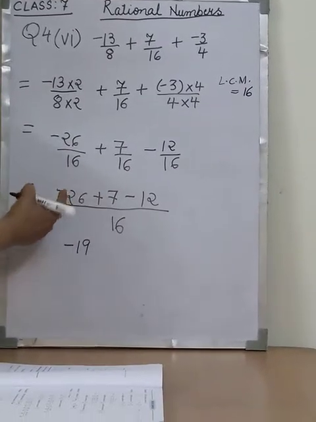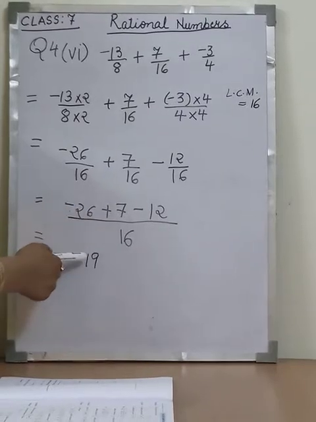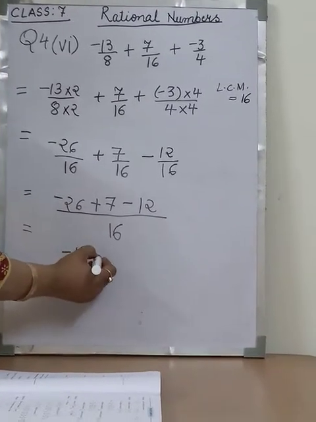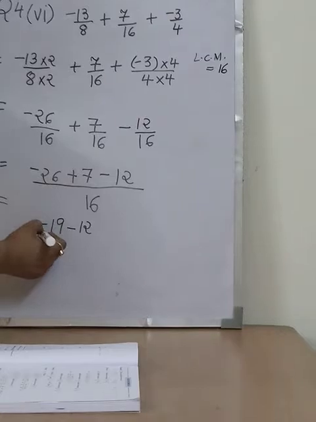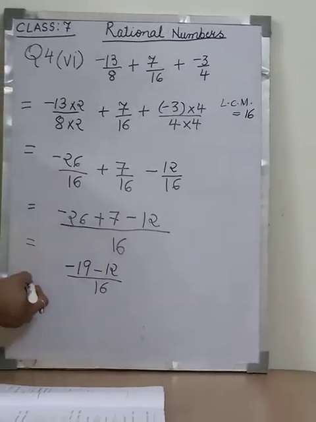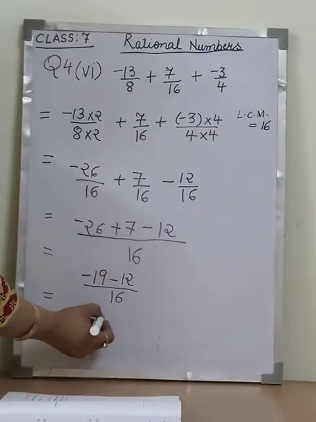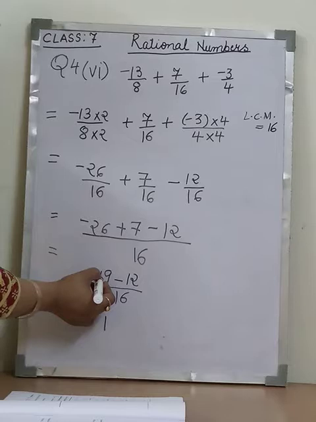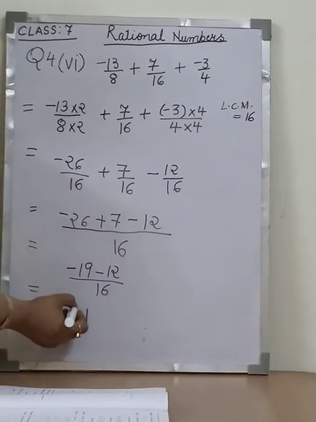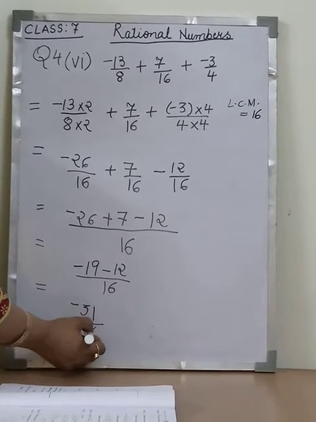Plus minus minus, that means we need to subtract these two. 26 minus 7 will give you 19 and we have 12 there. Okay. Now both are having the same sign, so we need to add them. 9 and 2, 11. 1 and 2 and 1, 3. So what we got? Minus 31 upon 16.